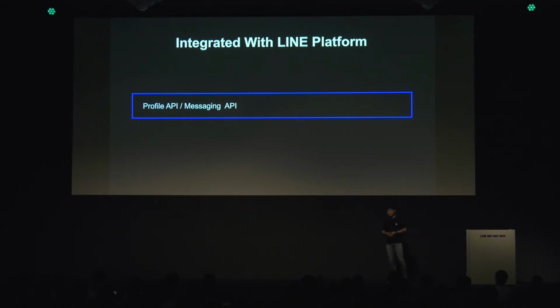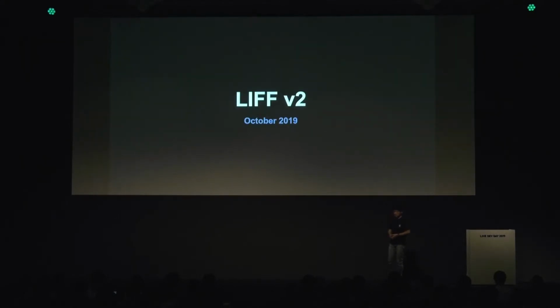And we continue to do development to solve these issues one by one. So in October this year, LIFF version 2 was released by solving such challenges. From here, I would like to talk about functions and features added in LIFF version 2.